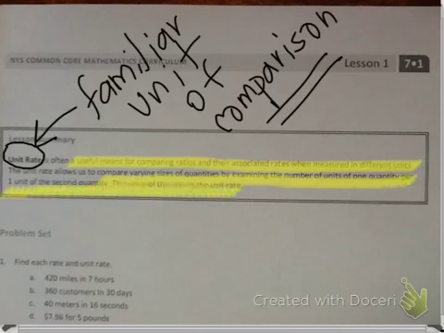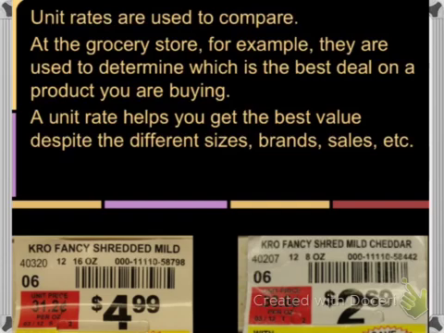So the value of the ratio is that unit rate, and that's that last sentence right here. Very powerful. And here's the last slide before we get you going onto your problems and your exit ticket, which I'll explain in a second.